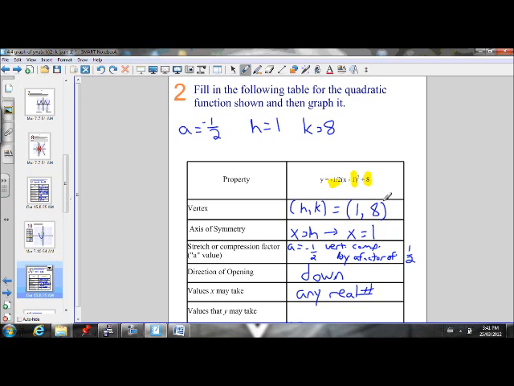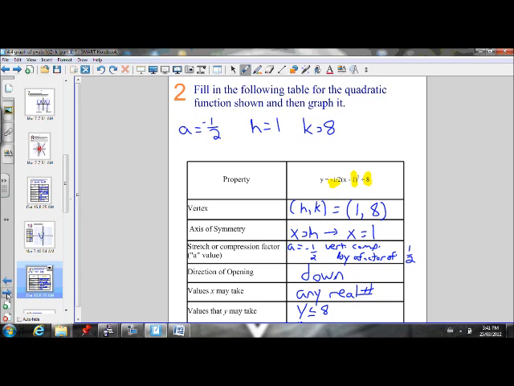So the vertex is at (1, 8), and this parabola will never go above 8. The maximum value is y equals 8. So the parabola can have any y value under 8 or equal to 8, but it will never go above 8. So y has to be less than or equal to 8.